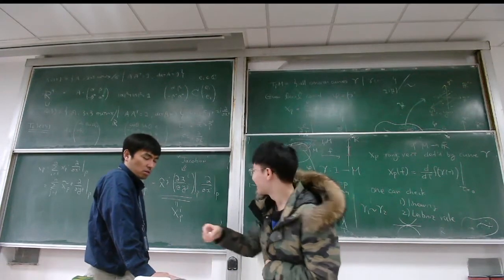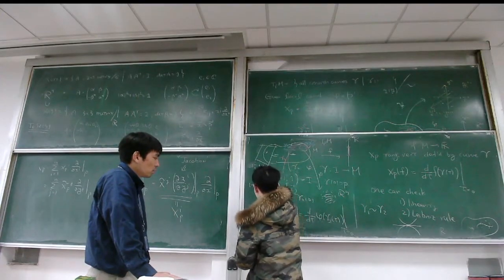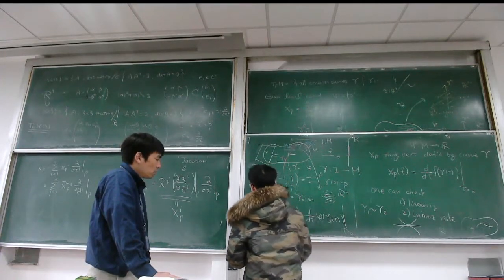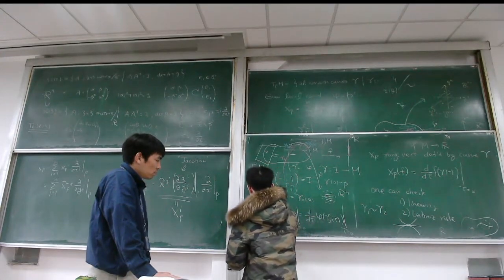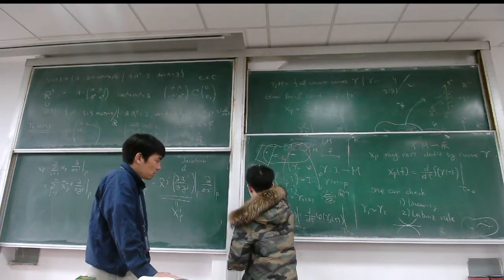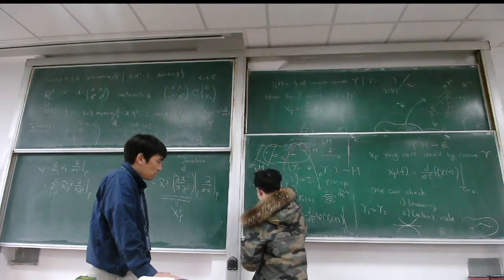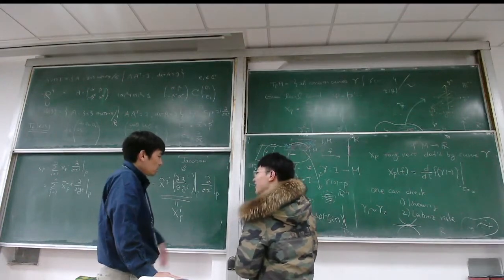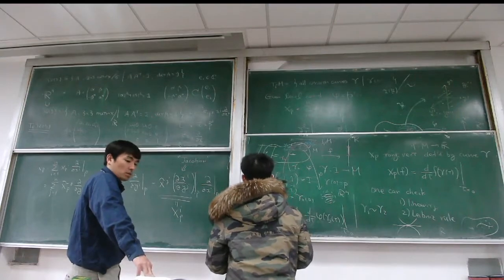We have two curves, and we have tangent vectors. So we have the equivalence. Equivalence means the two vectors are the same. Define the same tangent vector.